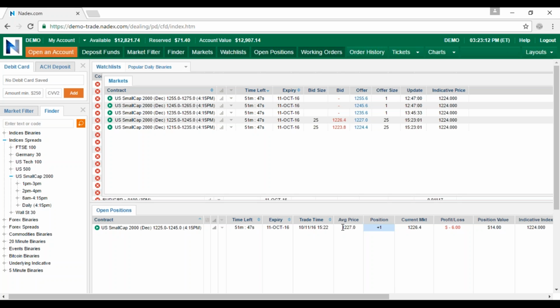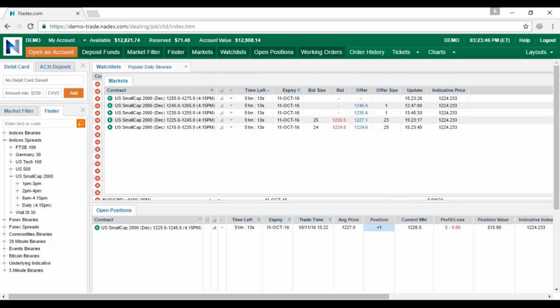What if I want to exit early? What do I have to do? Well, I bought the spread. So if I want to get out of it earlier, I have to what? Sell it. Okay? If I sell a spread and I want to get out of it early, I buy it back, as it were, right? So if I bought this spread right here, which was this spread, and I want to sell it right now, what price can I sell it for?